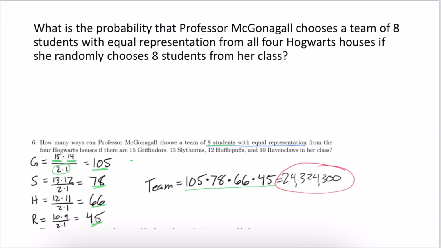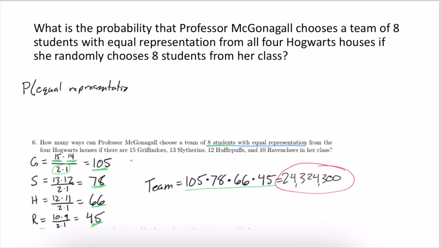In this case, we're not asking for the number of ways that she can choose a team of 8 students with equal representation. We're looking at the probability that she chooses a team of 8 students with equal representation. So the desired outcome of our probability is that she chooses a team with equal representation.